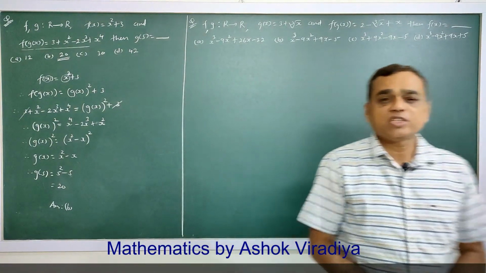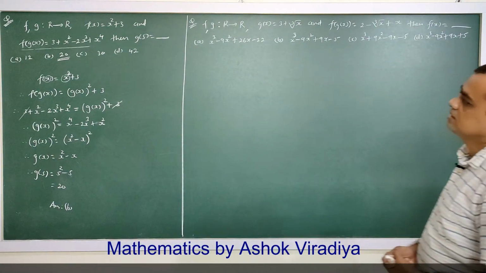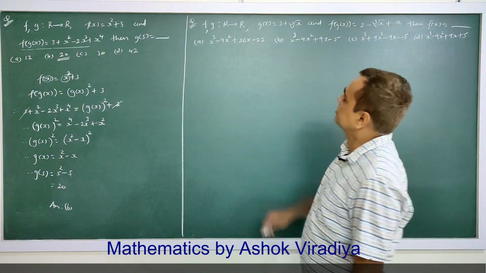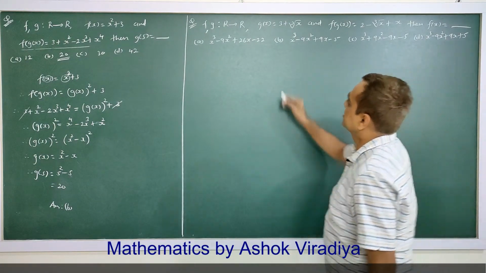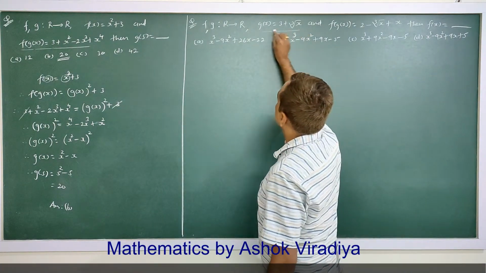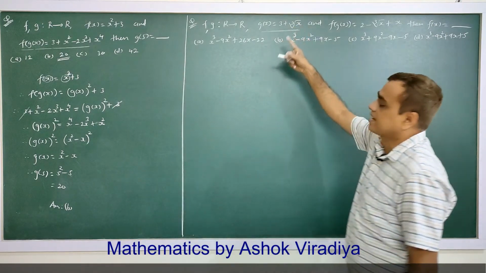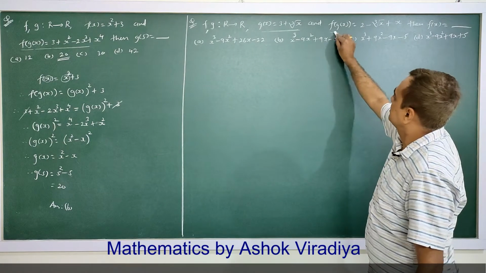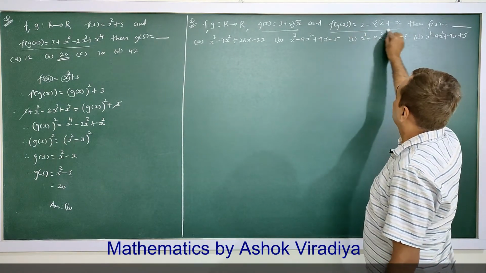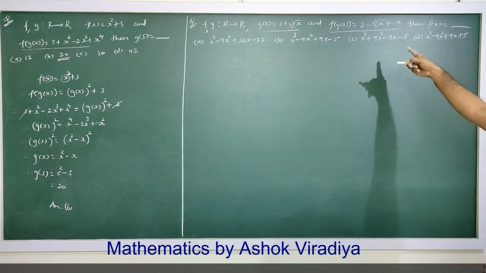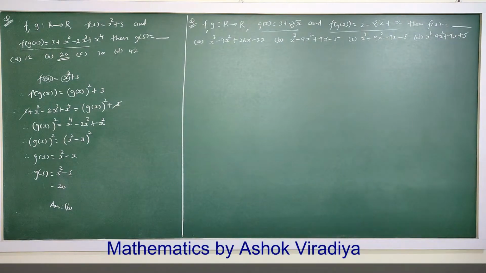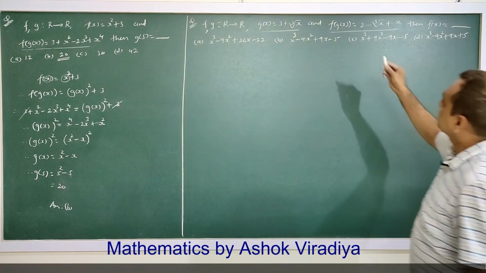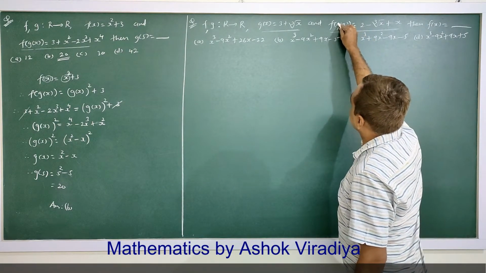Now in this question, f and g are two functions. g(x) is 3 plus cube root of x, and f of g(x) is 2 minus cube root of x plus x. We want f(x). We want the outer function.